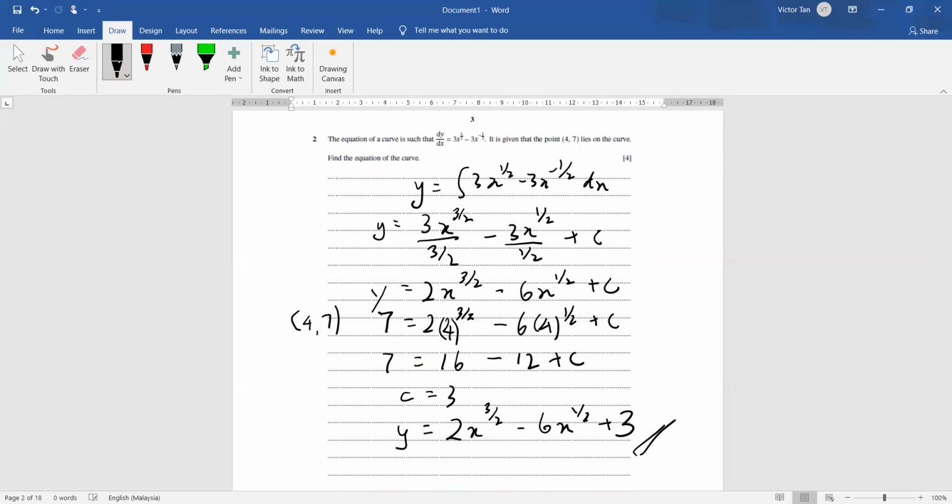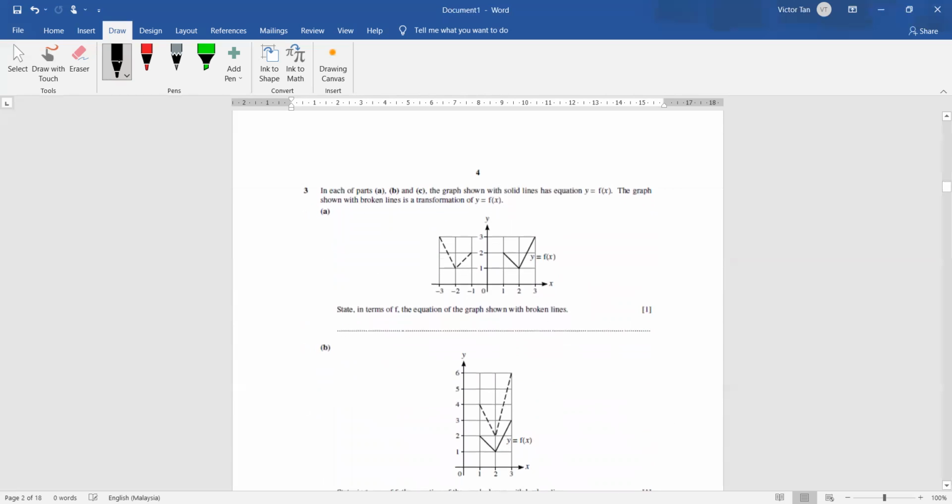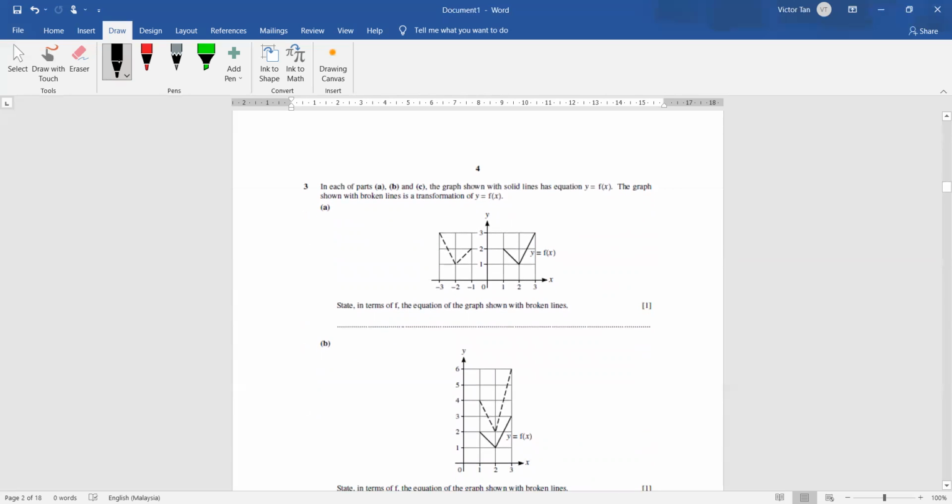That's it. Next question. This is a question on graph transformation. In each part of A, B, and C, the graph shown with solid lines has equation y equals f(x). The graph shown with broken lines is a transformation of y equals f(x). State in terms of f the equation of the graph shown with broken lines.